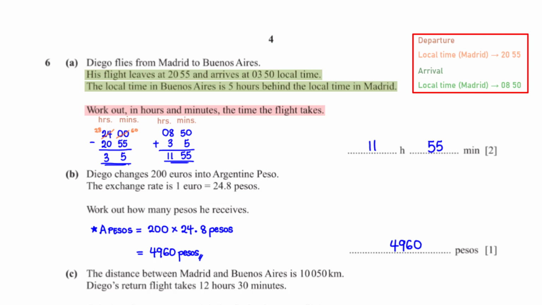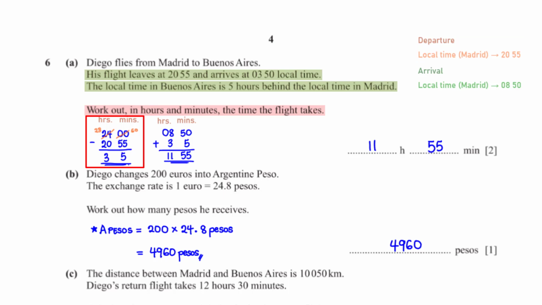The local time in Madrid when the flight leaves Madrid is 20:55. To get the local time in Madrid when the flight arrives in Buenos Aires, we add 5 hours to 3:50, which gives us 8:50. To get the time duration, we first need to find the time duration from 20:55 to midnight by subtracting 20:55 from 24 o'clock.